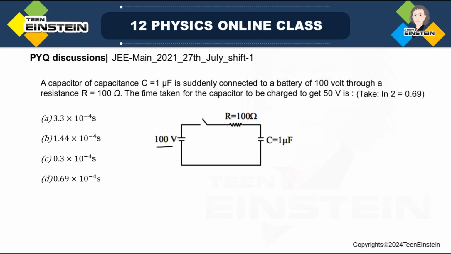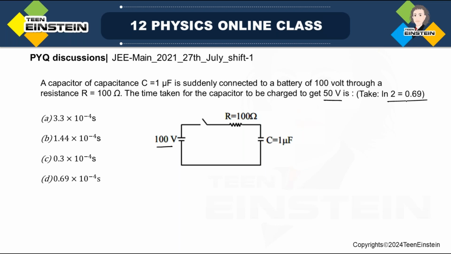A capacitor of capacitance 1 microfarad is suddenly connected to a battery of 100 volt through a resistance 100 ohm. The time taken for the capacitor to be charged to get 50 volt. Okay, 50 volt.